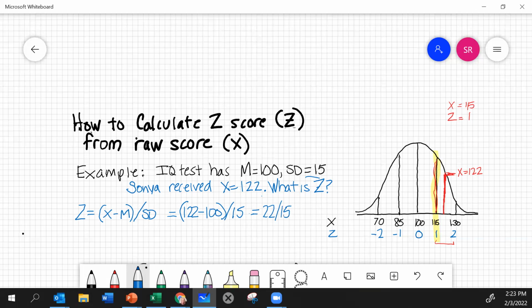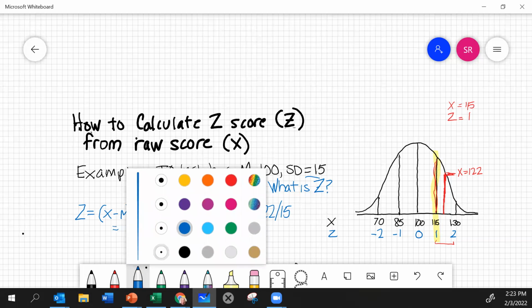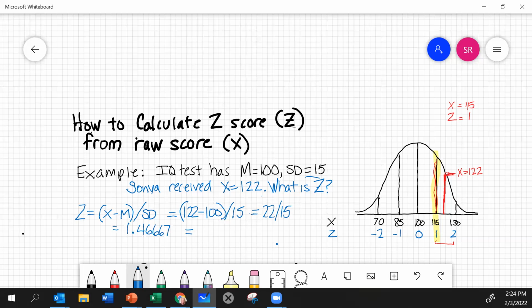And if I put that into my calculator, I find that that equals 1.46667, which is probably 1.466 repeating. And I always want to round it to 2 decimal places. So we'll give this a z-score of 1.47.